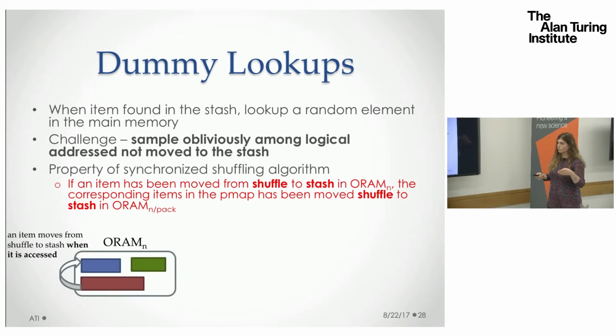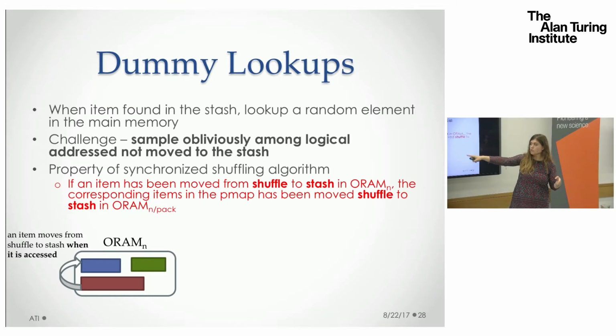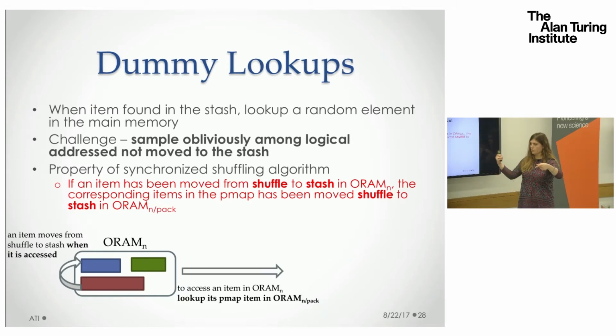So why is this true? Well, if we wanted to access an item here, we know that once we access it from the permuted memory, we move it to the stash. But in order to access it in the permuted memory, we had to know which location in the permuted memory. The location is given by this permutation, which is recursively stored in the smaller ORAM.